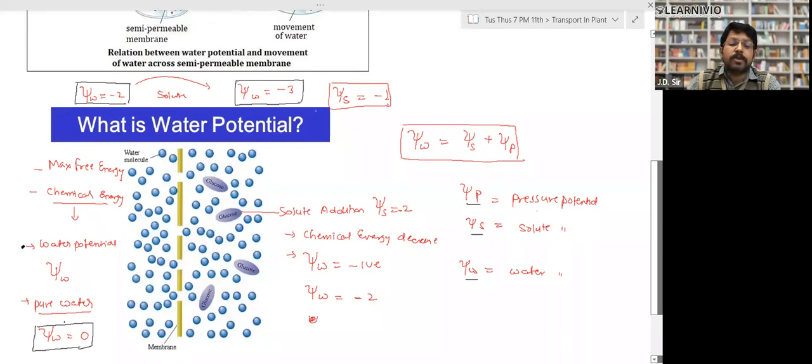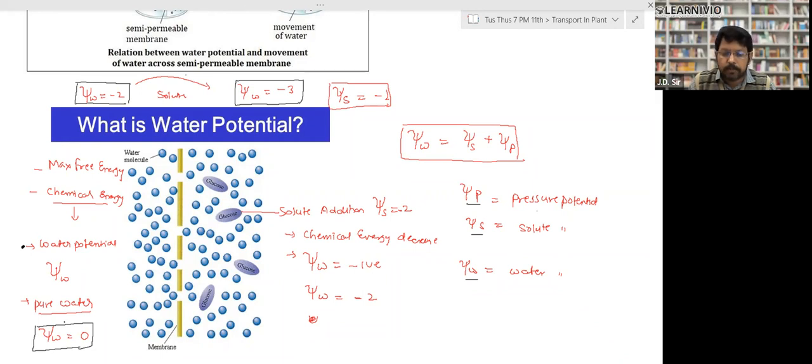What is the maximum water potential? 0. So a solution will always have water potential less than 0, meaning the water potential of any solution will always be negative. So movement of water molecules will take place from less negative to more negative, that is from higher free energy to lower free energy. Clear?